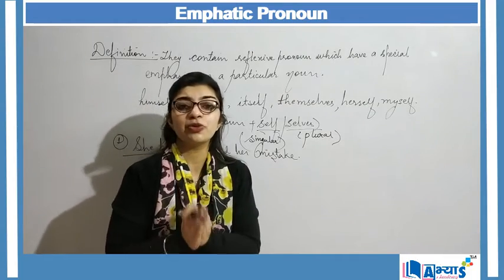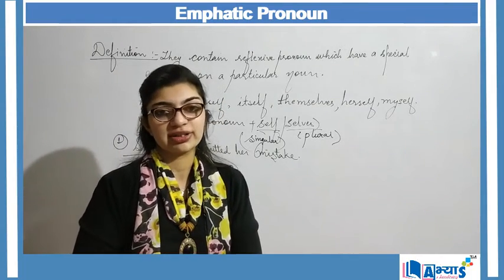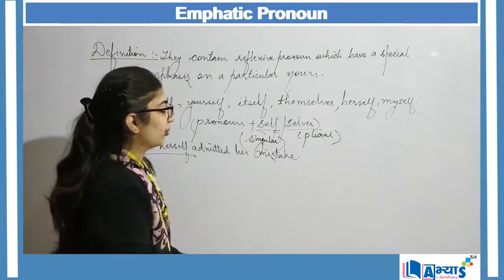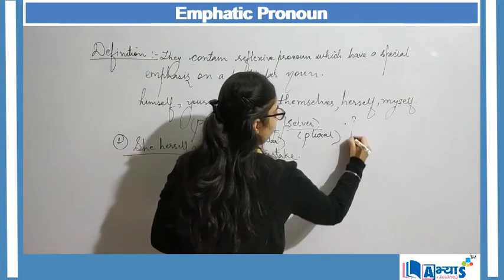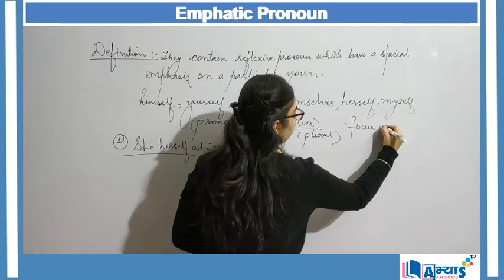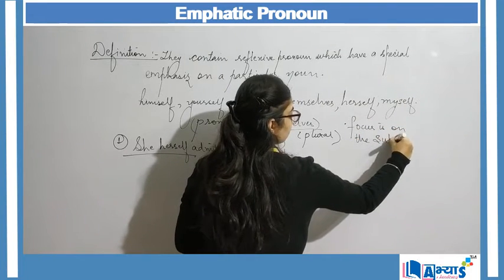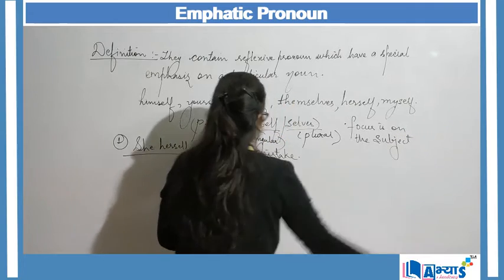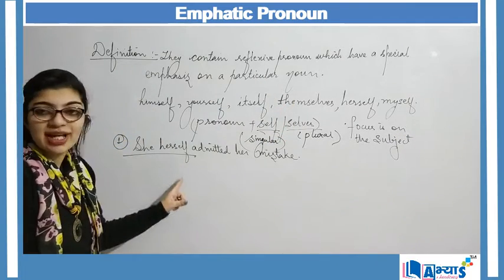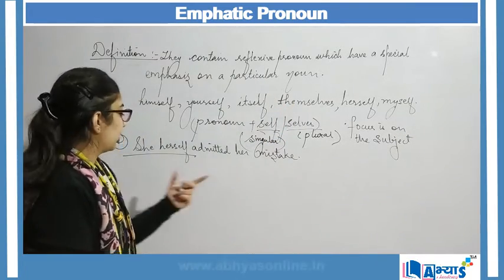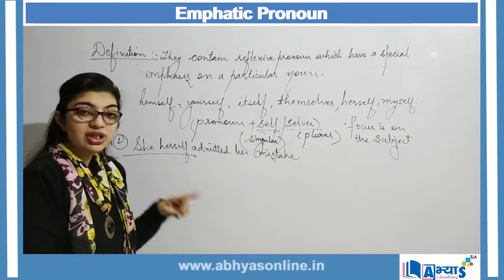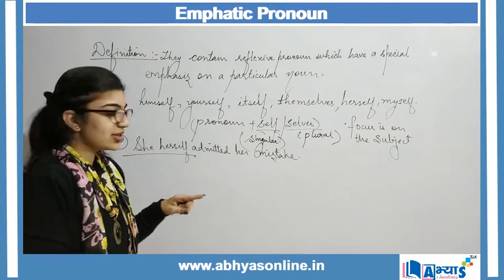There's a special focus on the subject in emphatic pronouns. So here I can say the focus is on the subject. So, she herself admitted her mistake. Here my subject has the focus, that she herself admitted the mistake.